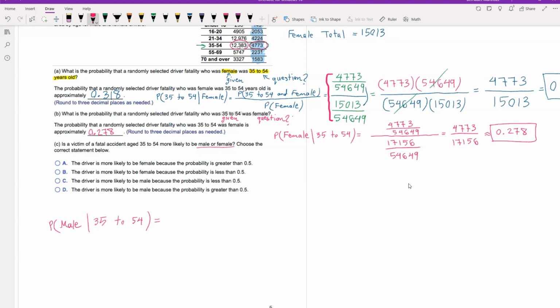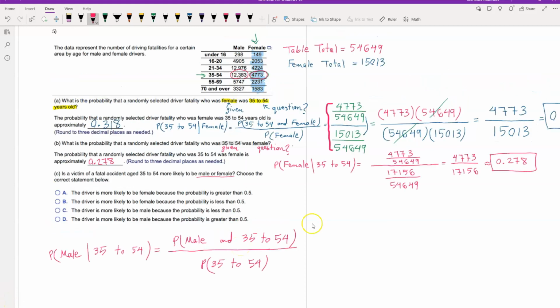So here we have the probability of male and 35 to 54 divided by the probability of 35 to 54. What we have in common between male and 35 to 54 is this number, 12,383, divided by the table total, over the probability of 35 to 54.